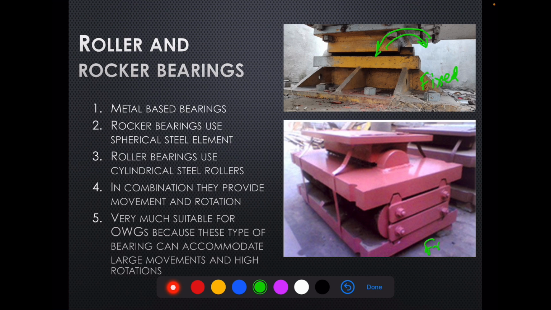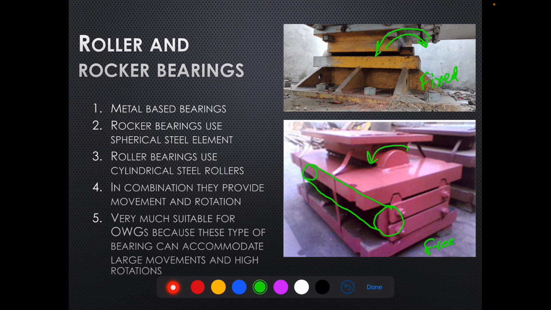And this is the free end where not only rotation but also the longitudinal movement is to be taken care of. This movement is taken care of with the help of these rollers. If I draw it, it is lying inside something like this. There is a second one also. It is like this.